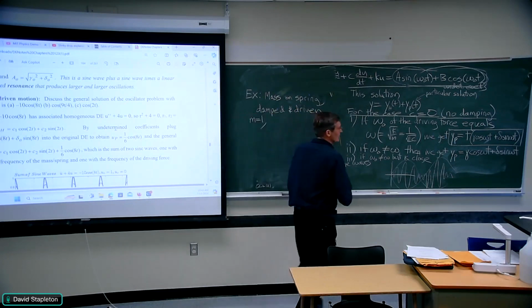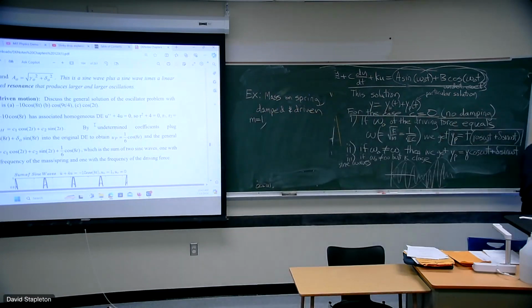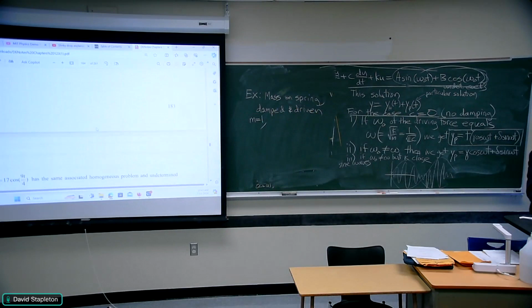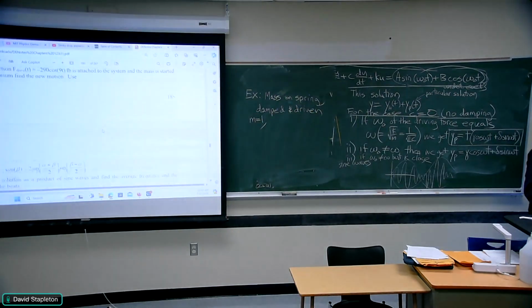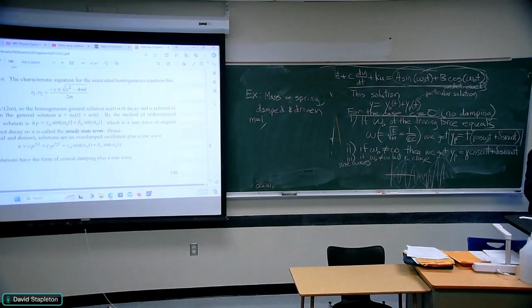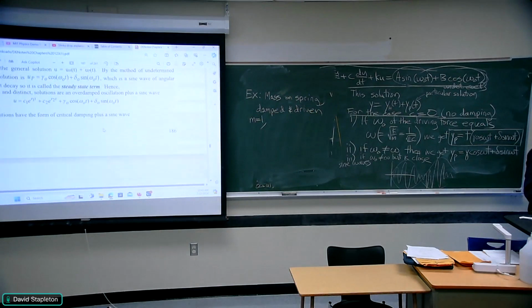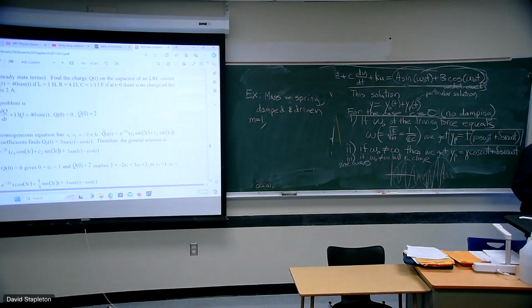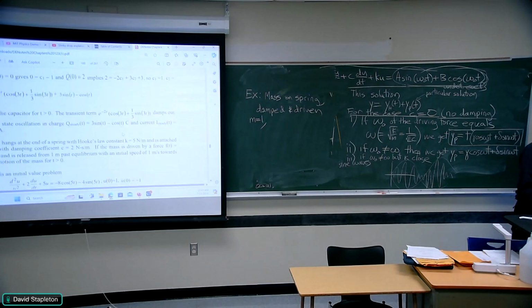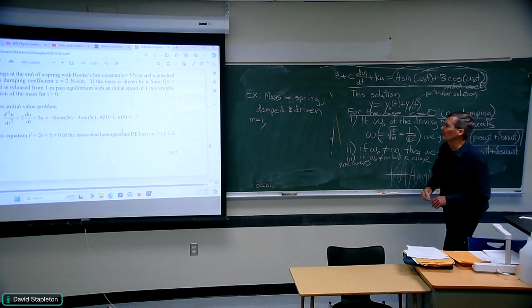This is the undamped driven. Are we on the damped driven motion or? Yeah, I'm trying to do the damped driven motion. It's the next part, sorry. There we go. 1 kilogram mass.